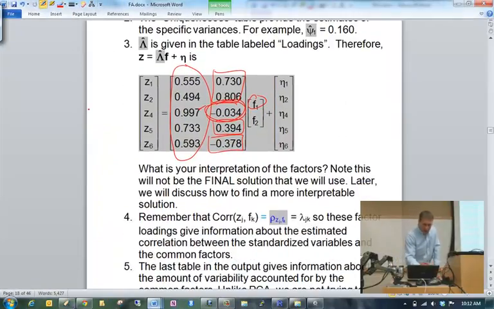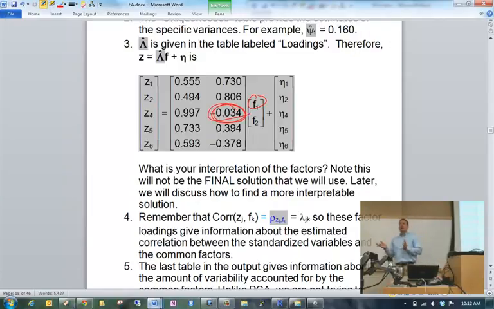But let me warn you though, well let me first of all say, notice how when you have one of these lambda hats that is close to 0, it can make the interpretation a little bit easier because you can essentially ignore it. Remember, this is the correlation between Z4 and F2. And so what would be nice is if we could have more of these lambda hats that are close to 0, or maybe even more of them that are close to +1 or close to -1.